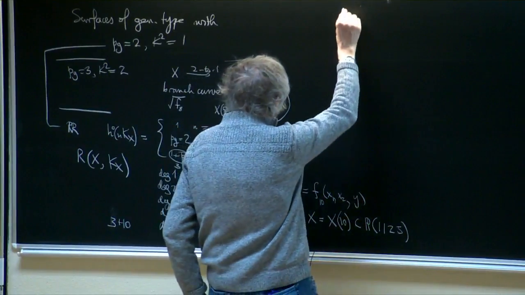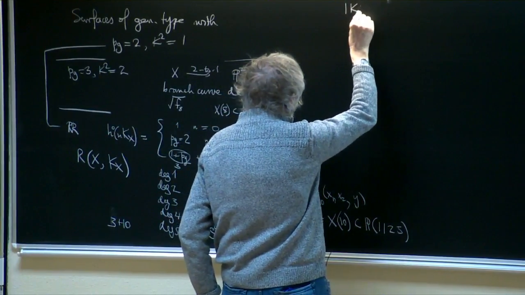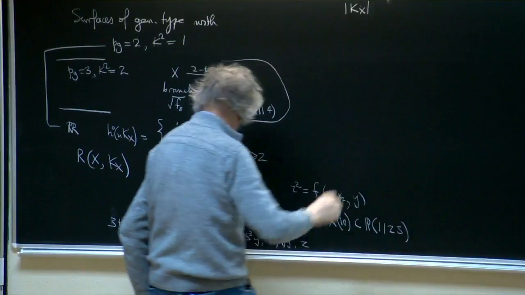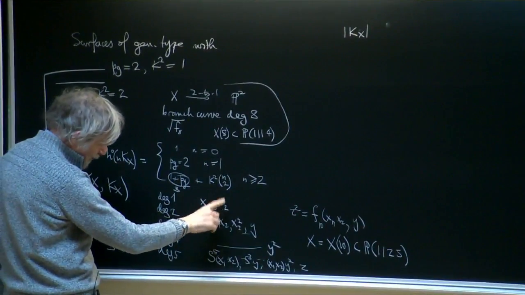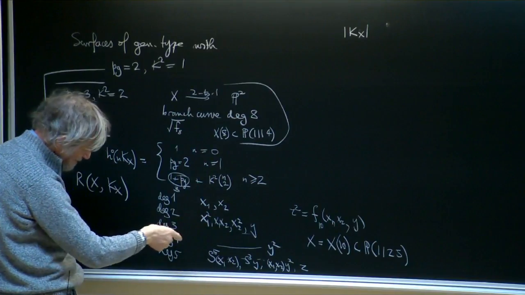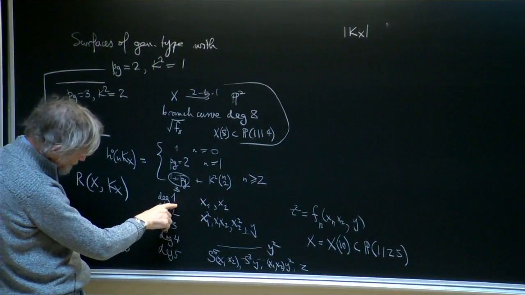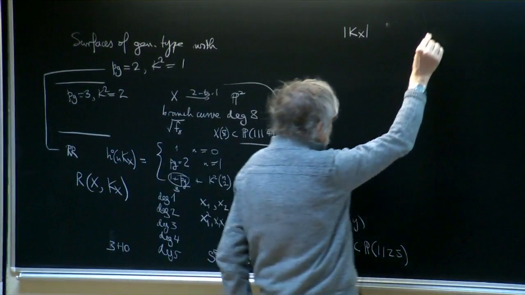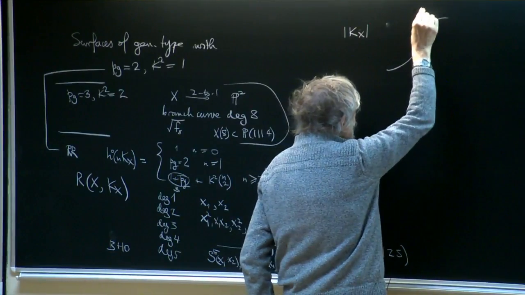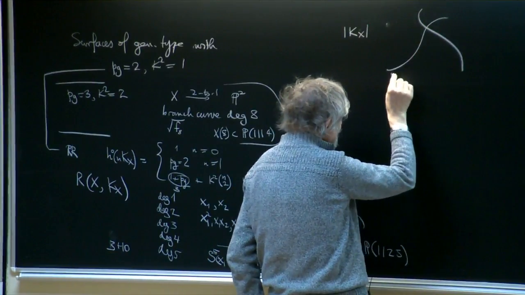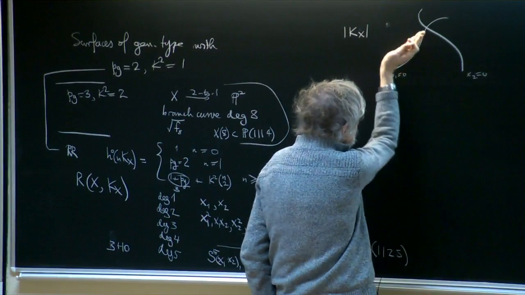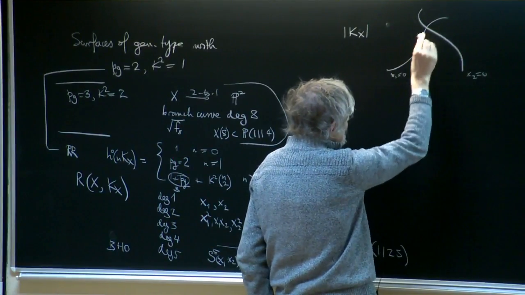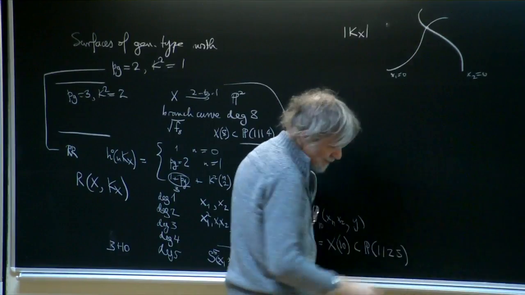So let's look at the canonical system. This is a pencil, a one-dimensional family of curves, and it's got k squared equals 1. So it looks like this. This is x1 equals 0, this is x2 equals 0, and they move around in a pencil here, and they've only got self-intersection 1.